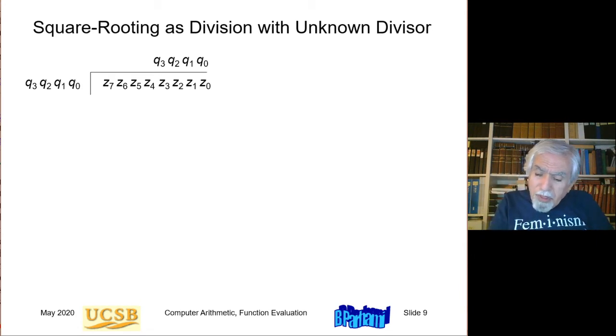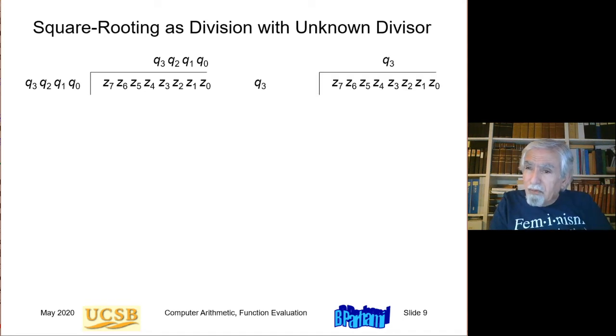We can view square rooting as division with an unknown divisor. So in division, we have the dividend, and we have a divisor here, and then we develop the quotient here. In this case, I'm dividing this number by square root, and quotient will also be square root.